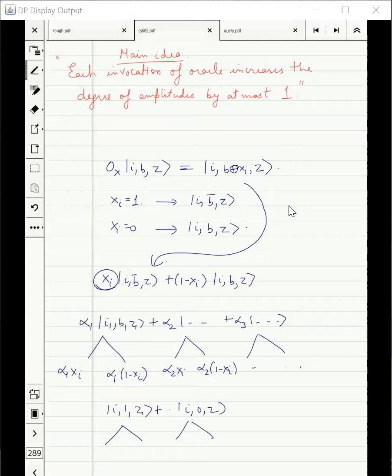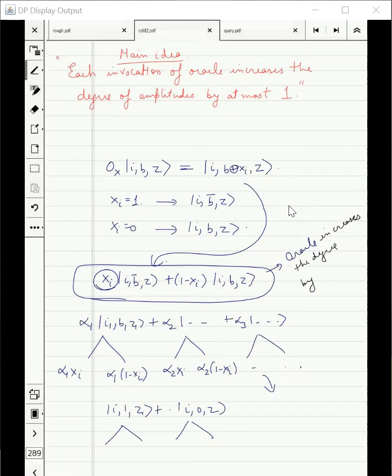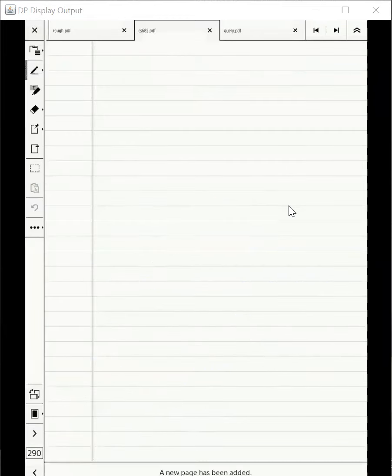This is showing that the oracle increases the degree by at most 1. So we prove the main idea.